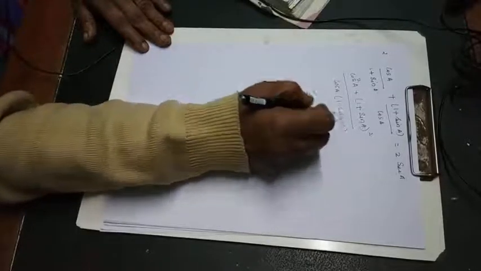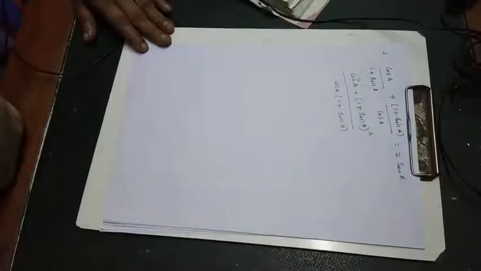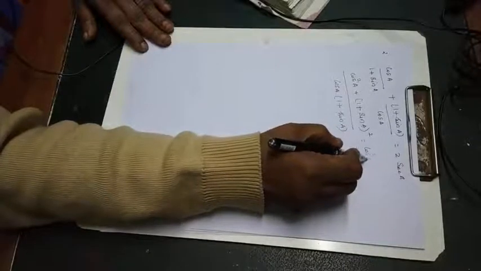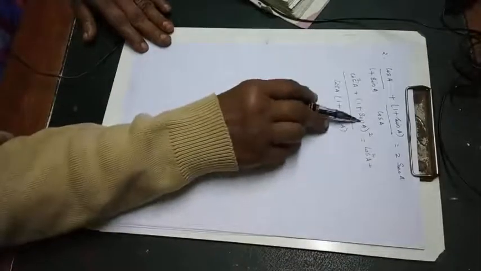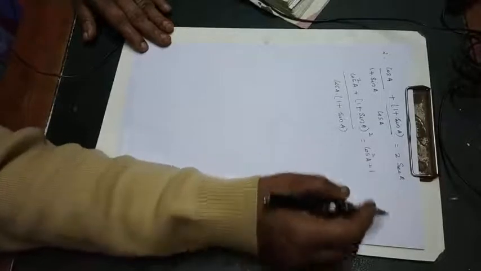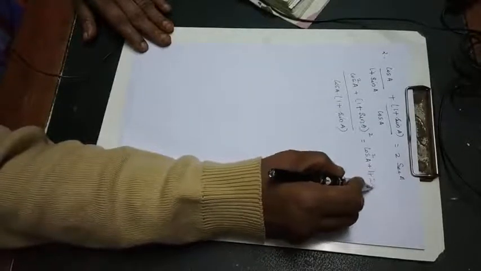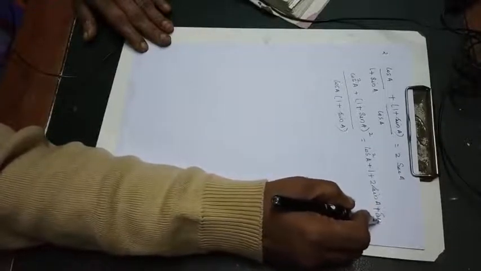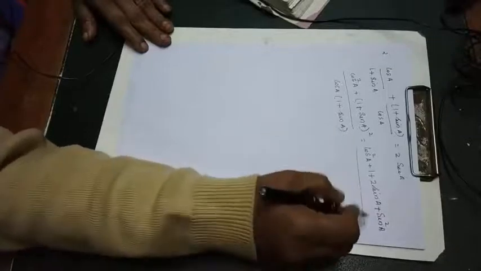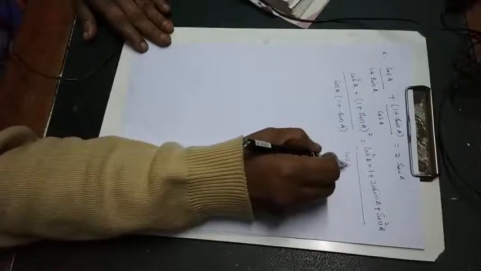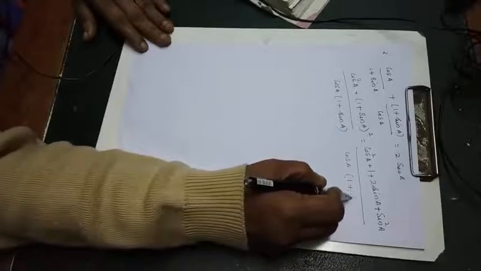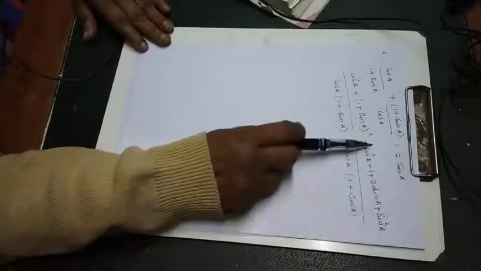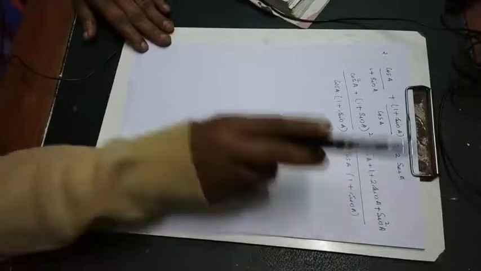Now expand this one. So cos square A, no change. A plus B the whole square, so it will be A square, 1 square itself, 2 sin A, then sin square A by cos A into 1 plus sin A. Now look here, cos square plus sin square is equal to 1.